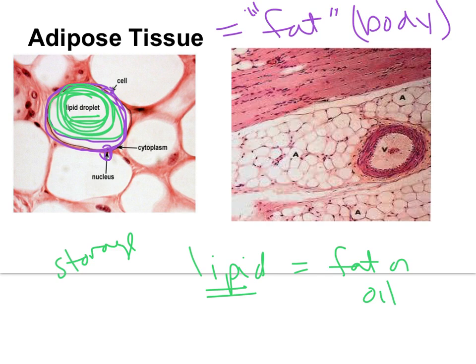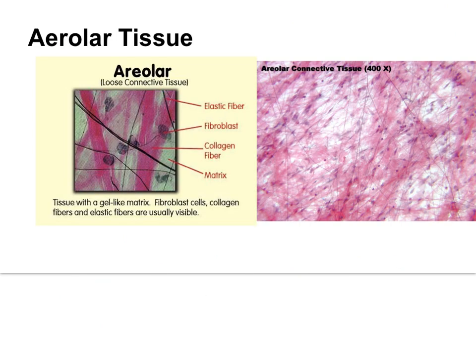This is a long-term storage of fuel. So we use adipose tissue for storage, for cushioning, and for protection. For example, when you dissect our fetal pig, you're going to see there's a lot of fat around the kidney.